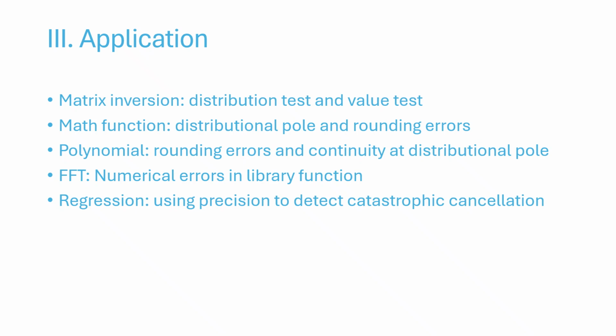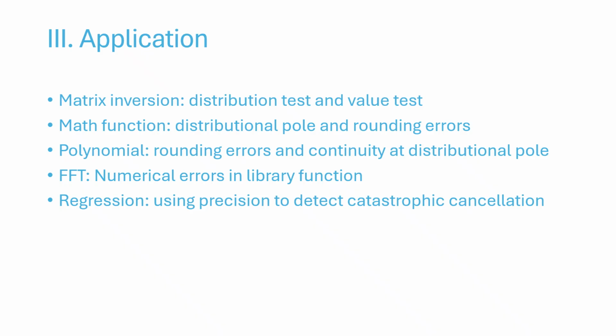Now, let's go to the third section of our talk called application. We'll talk about matrix inversion to distinguish between distribution test and the value test. We'll talk about mass function to study distributional poles and the rounding errors.